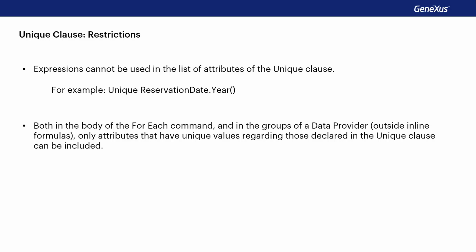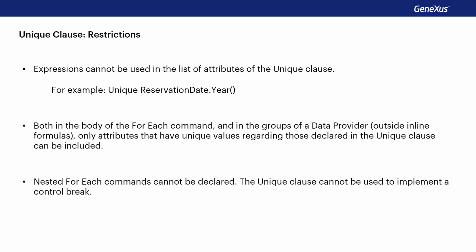Another very important restriction to take into account is that the unique clause cannot be declared in nested for each commands. So far, it cannot be used to implement a control break. If it's done, Genexus will display a message like the one shown here.